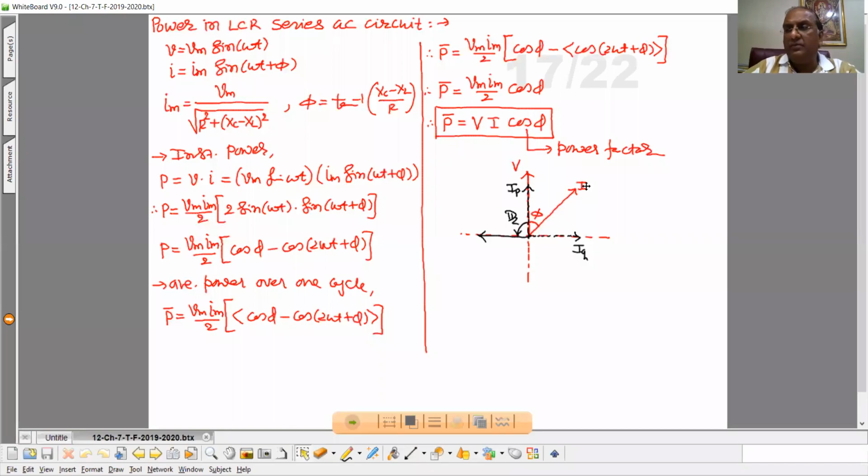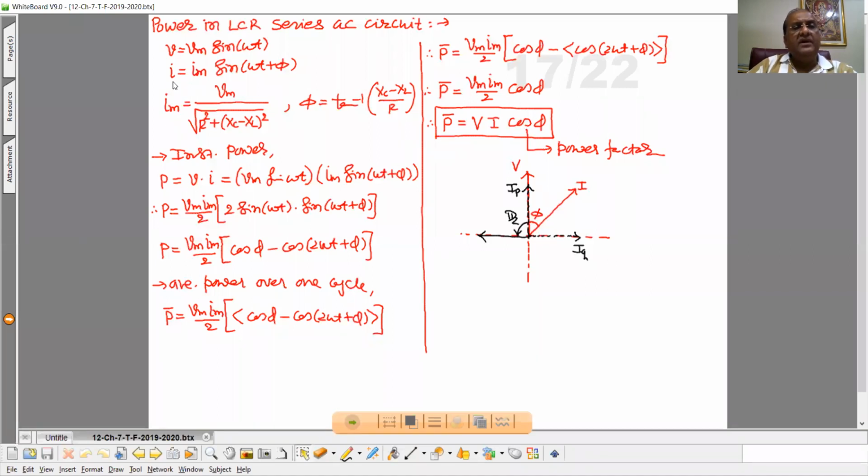Now the next topic, that is power in LCR series AC circuit. Now see, we have the equation of supply voltage, that is Vm sine omega t, and current in the circuit at any instant, that is Im sine (omega t plus phi), that we already discussed.